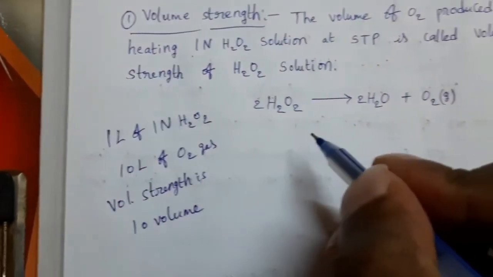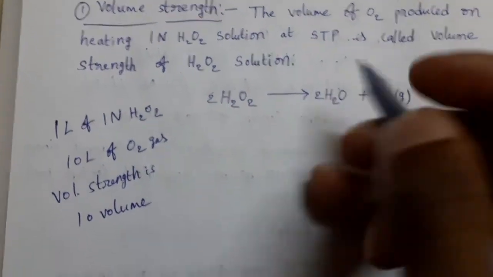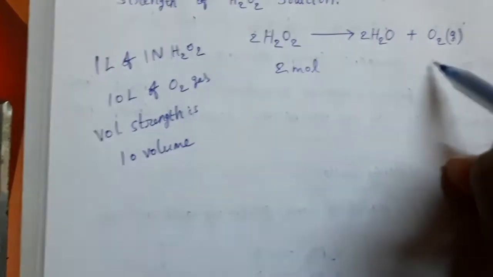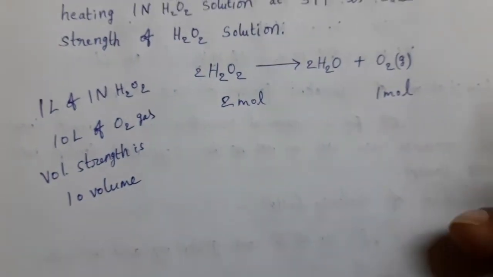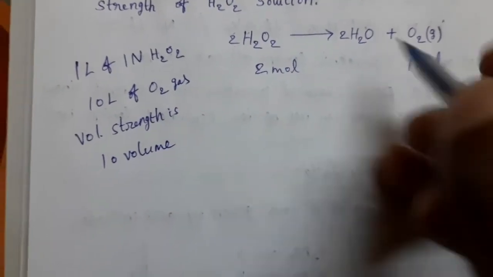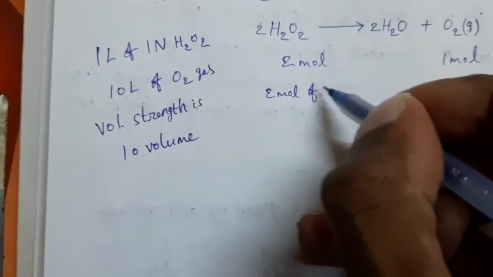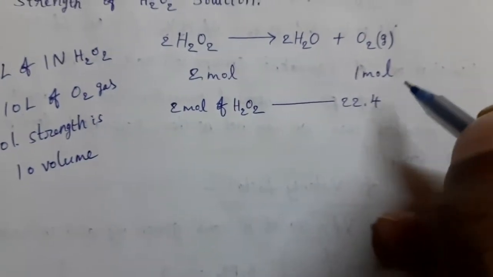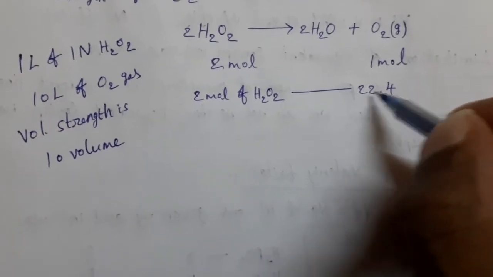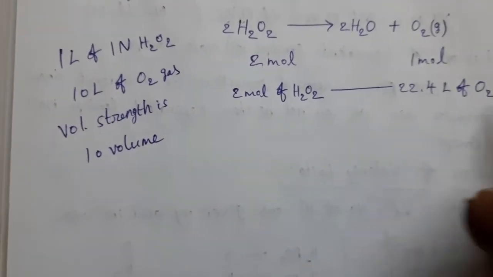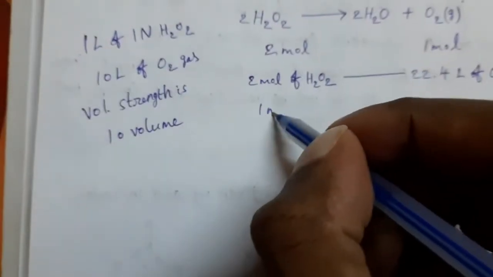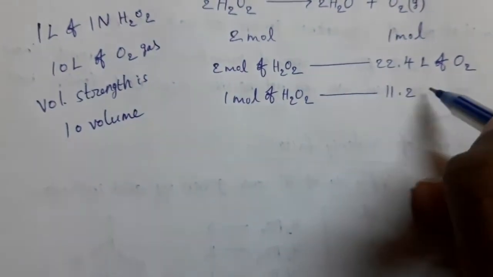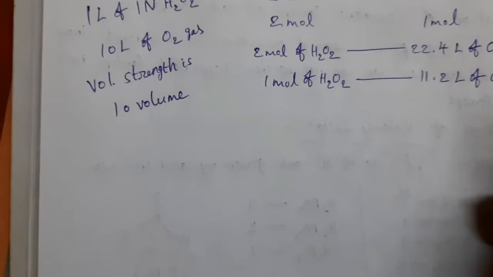Now, from this equation, we can get useful information. 2 moles of H2O2 produces 1 mole of O2. In terms of volume, 1 mole of any gas at STP occupies 22.4 liters of volume. So 1 mole of H2O2 produces 11.2 liters of O2.